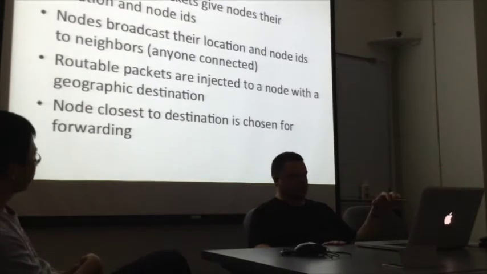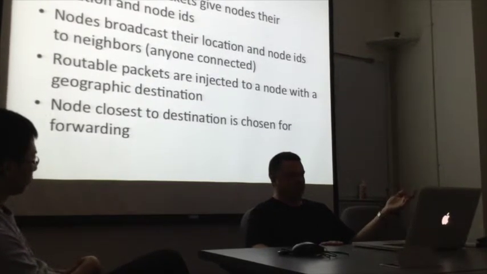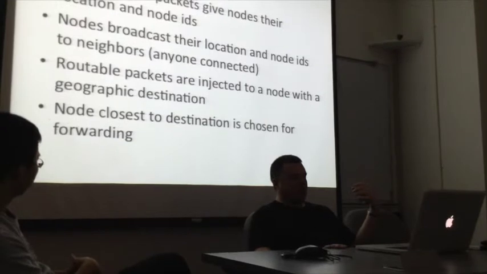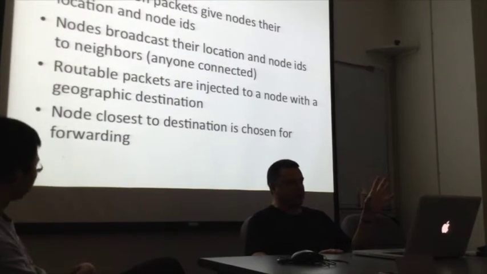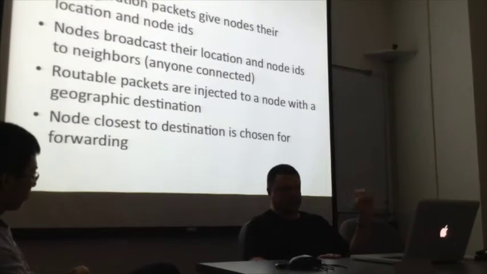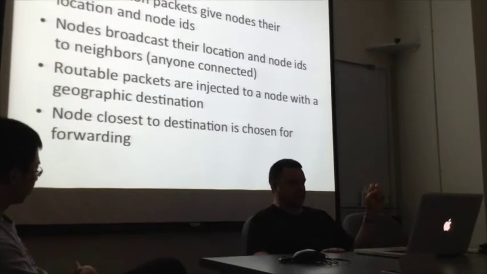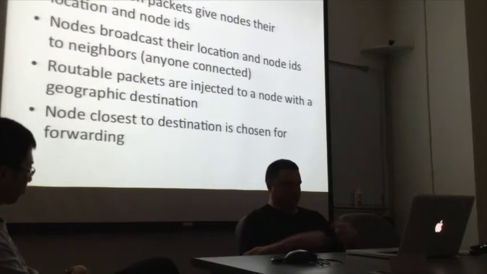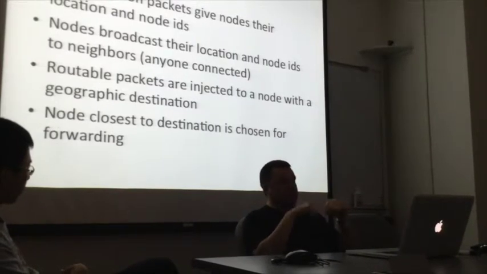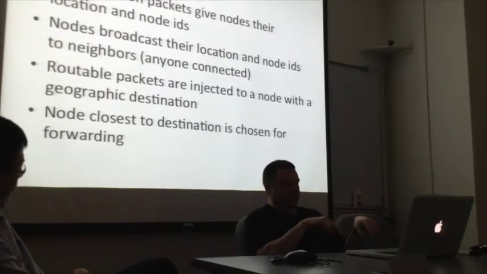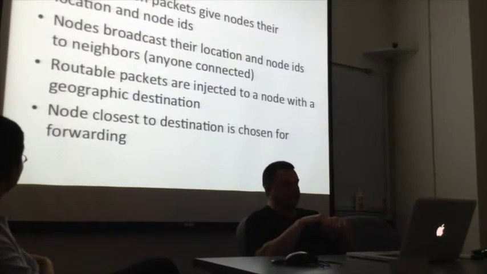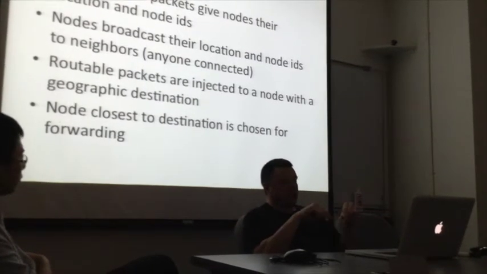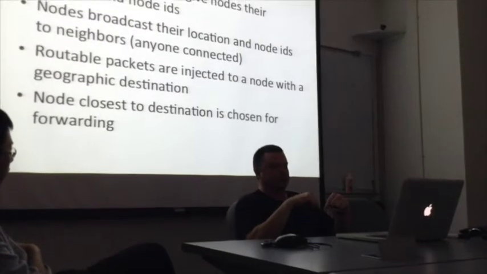So one of the packets it takes is a configuration packet. The nodes, once they get their configuration, will start to broadcast their location and their node IDs to their neighbors. A neighbor counts as anyone who's connected. And then routable packets get injected into a node and find their way using the routing protocol to their geographic destination. The node closest to the destination is the node chosen.